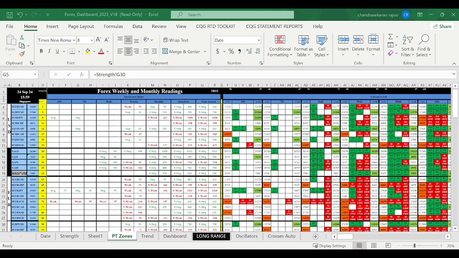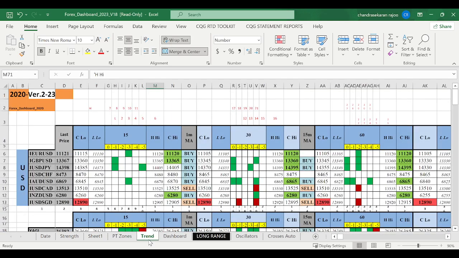As long as the price is below SR1, which is 11160, price is expected to move lower. This is based on the PT zones, and of course it is going to be in a range until we see a very clear breakout.